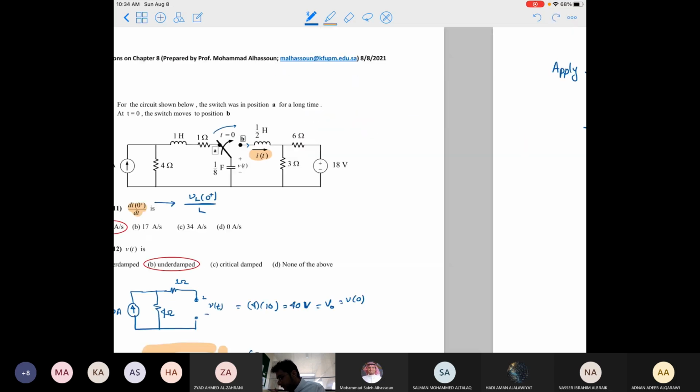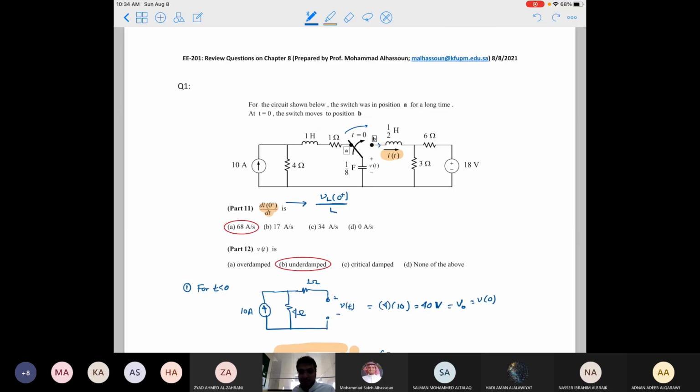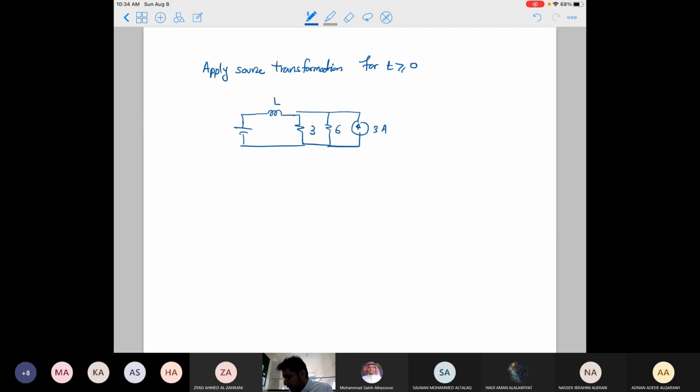Remember, you used to have a voltage source in series with a resistor, so now you're going to have a current source in parallel with the resistor. So the value of the current source is going to be 3 amperes, and you have 6 and 3 in parallel.